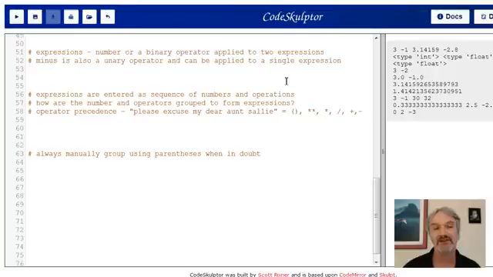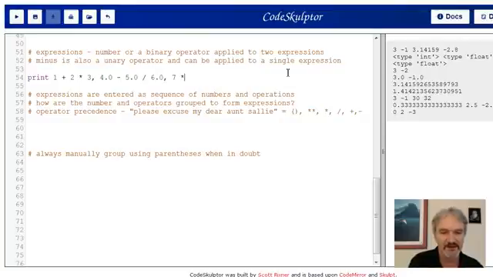Now in practice, you don't really need to understand that definition. You can just go through and type in expressions that you're used to from middle school algebra. So I could say 1 plus 2 times 3, or 4.0 minus 5.0 divided by 6.0, or 7 times 8 plus 9 times 10.